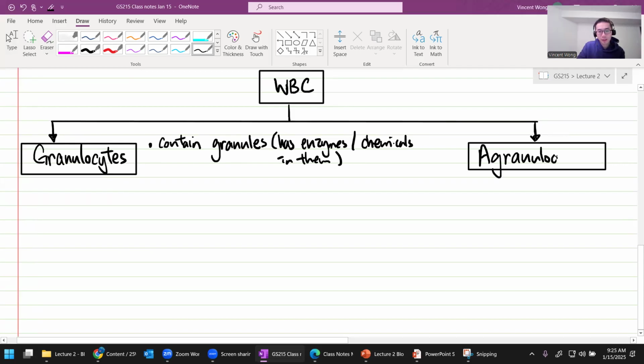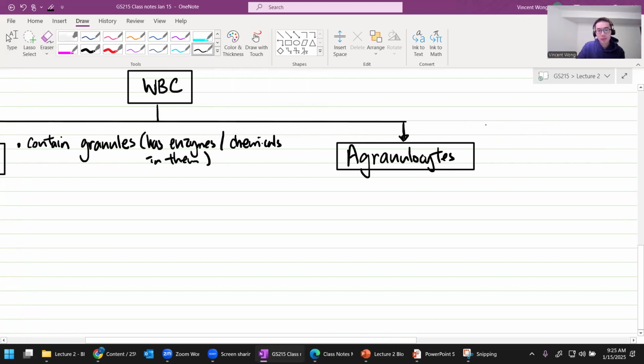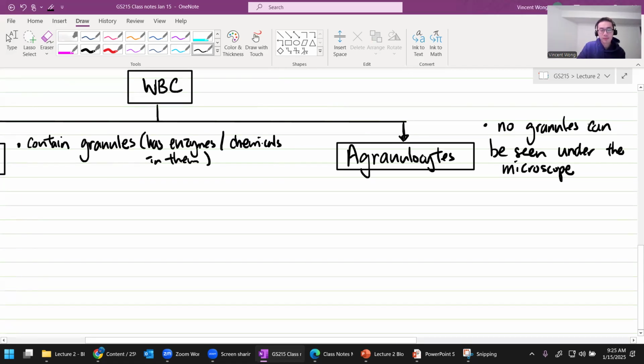These ones have no granules that can be seen under the microscope. If you see granules, granulocytes. If you don't see granules, agranulocytes. It's just based on how they look.